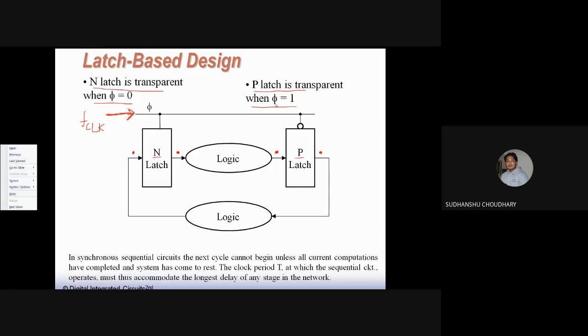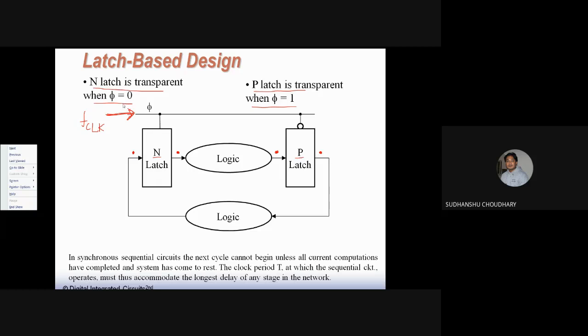In synchronous sequential circuits, one would also admit that the next cycle cannot begin unless all computations have been completed in the previous cycle. Here, the previous cycle is, let us say, when clock is 0, and when clock is 1 is the next cycle.